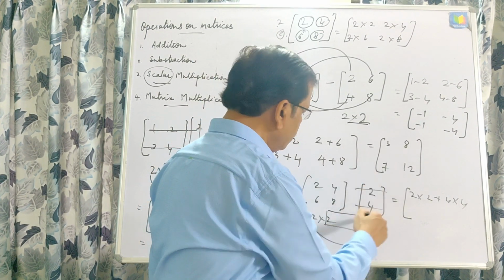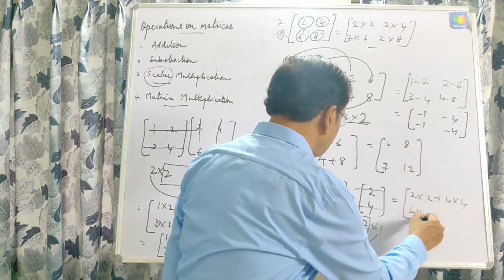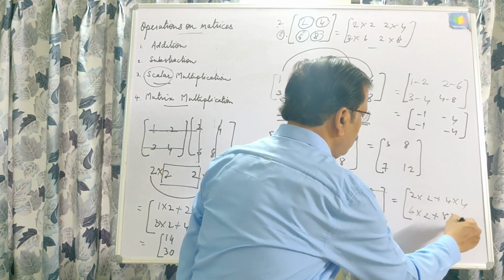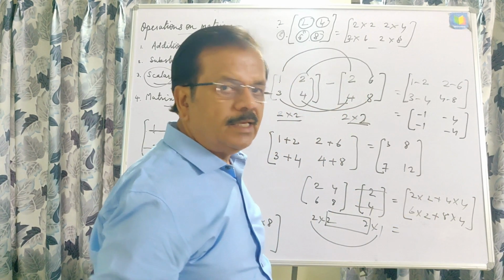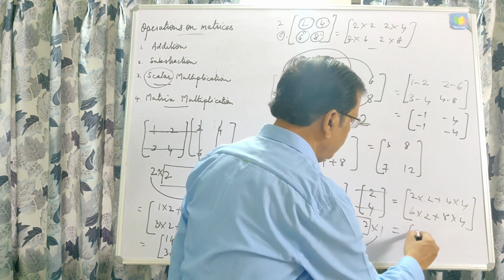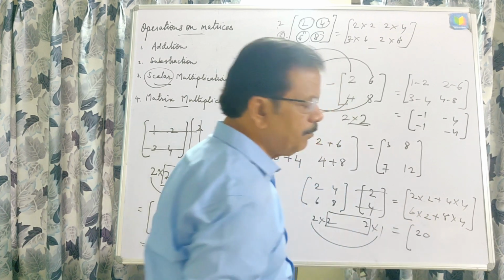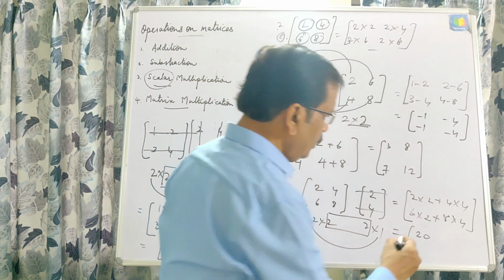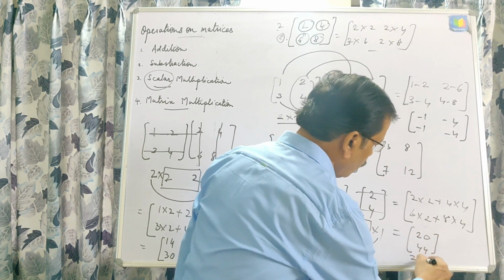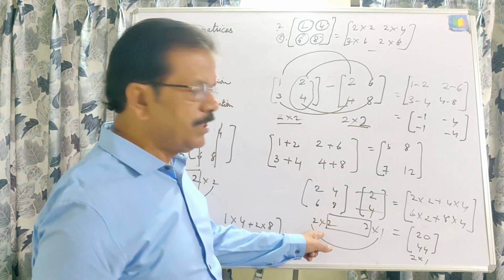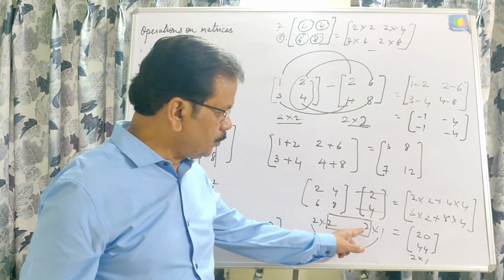Second row, first column, that is 6 into 2 plus 8 into 4. Now after multiplication, 2 2 is 4 plus 16, that is 20, and this is 12 plus 32, that is 44.